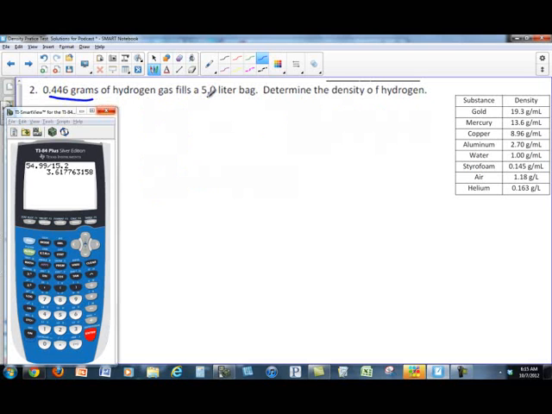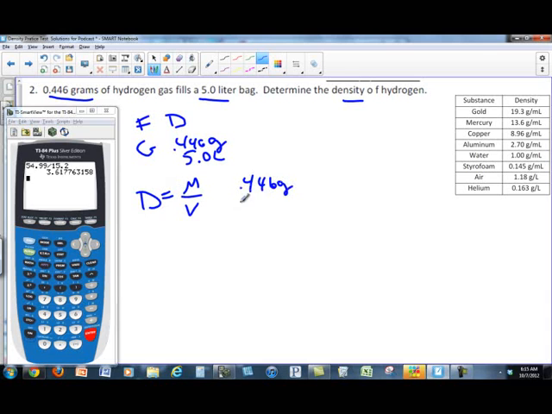Alright, number 2. 0.446 grams of hydrogen in a 5-liter bag. What is the density of hydrogen? Now, it doesn't specify units, so I'm trying to find density. My given is 0.446 grams and 5.0 liters. So again, pretty straightforward. Our density is mass over volume, and my mass is 0.446 grams.